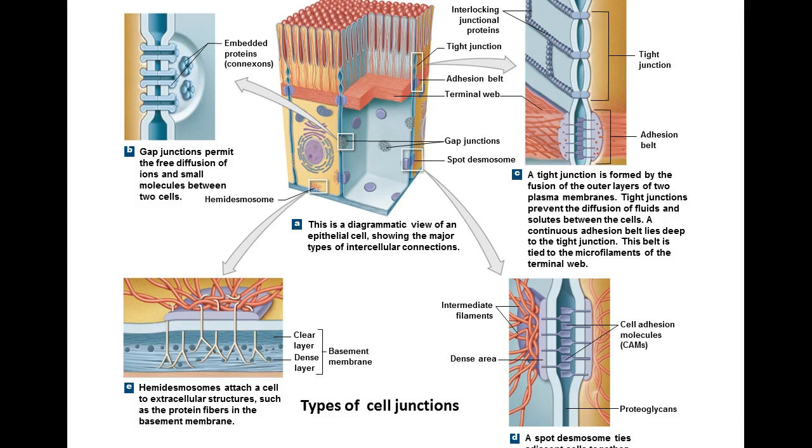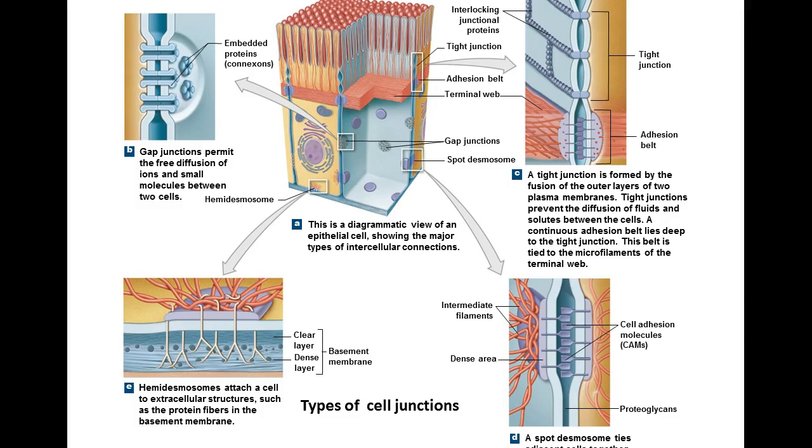Those connections are made up of glycoproteins and allow for an adhesion without the kind of specialization that we're talking about with each of the other types of adhesions. The other types of adhesions have a little bit more specialization.